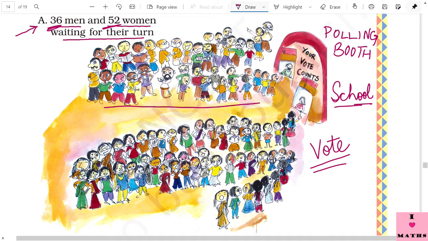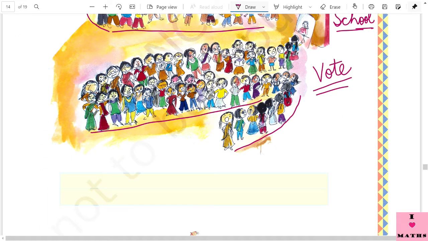And how nicely they are standing in the queues. You can see that all of them are nicely standing in the queues. Now children, we can make two questions for this.